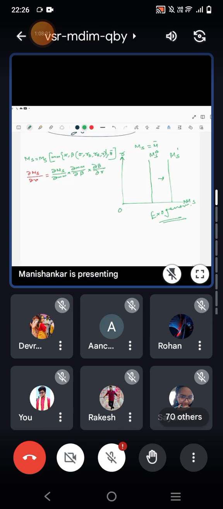So in that way, you can determine. So money supply formula equals money multiplier into H bar.